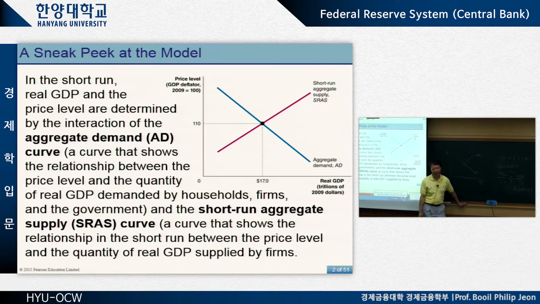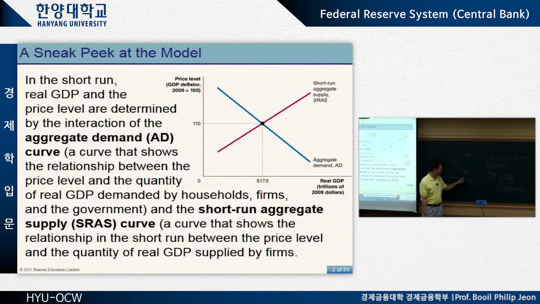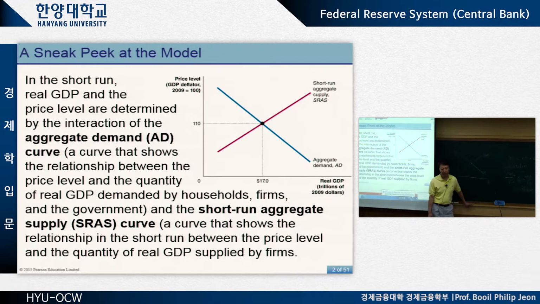Because we use the price level instead of individual prices. In other words, we're talking about aggregate demand, overall demand. We're not talking about A or B, so there is no substitution.